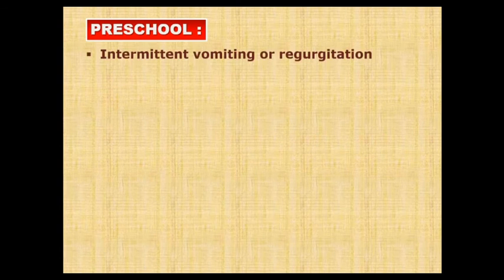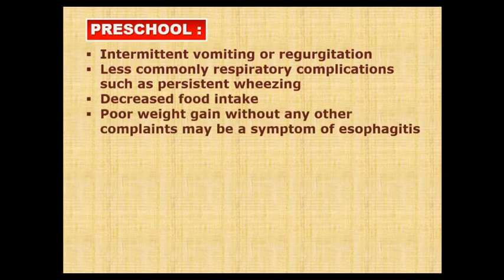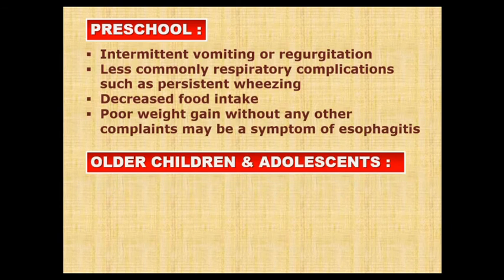While in preschool age, the manifestations will be like intermittent vomiting or regurgitation, less commonly respiratory complications such as persistent wheezing or decreased food intake. It may cause poor weight gain without any other complaints and may be a symptom of esophagitis. In older children and adolescents, there will be heartburn, chronic cough.